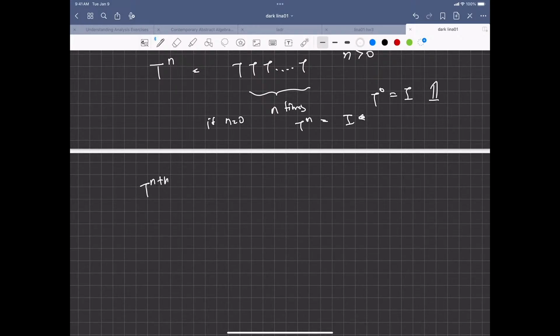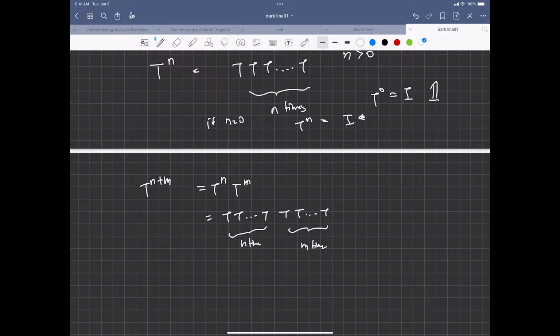We also want to define it with the usual rules of exponents. Raising T to n plus m is the same as applying T n times and then applying T another m times.